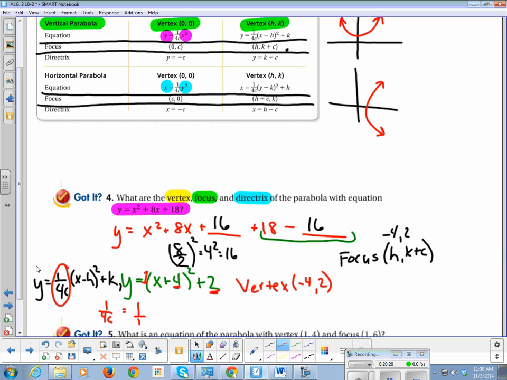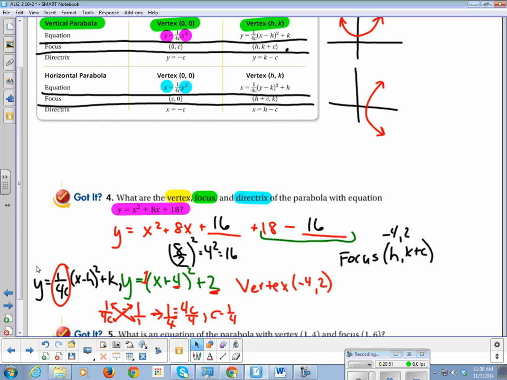So once again, I'm going to cross multiply. So 1 is equal to 4c. Divide both sides by 4. c is equal to 1/4.